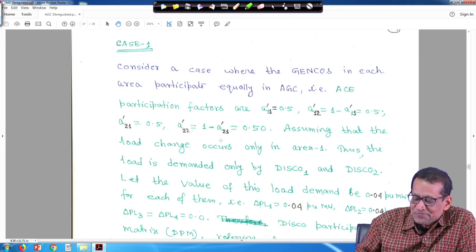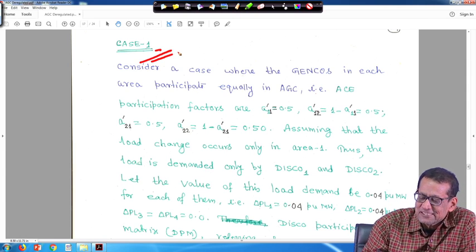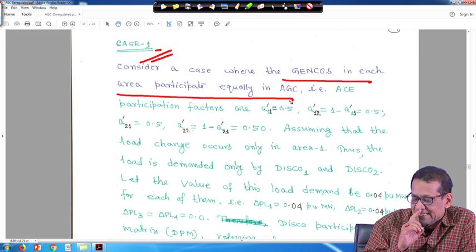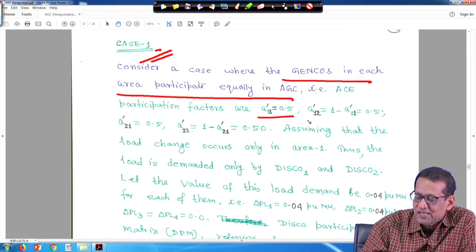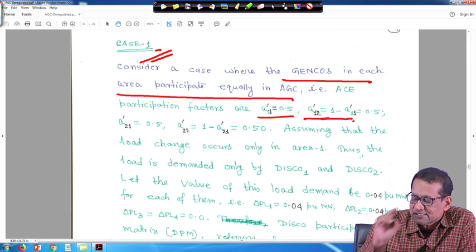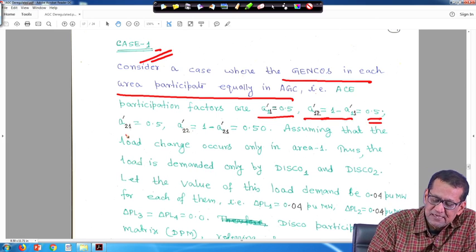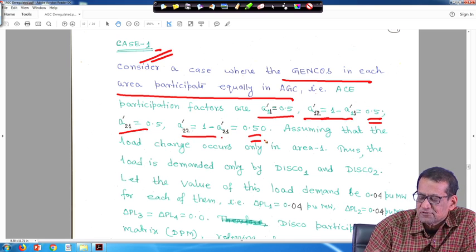So, consider a case, this is case 1, where the GENCOs in each area participate equally in AGC. That means the ACE participation factors, A dash 11 is 0.5, A dash 12 is 1 minus A dash 11, that is also 0.5. Similarly, A dash 21 is 0.5 and A dash 22 is 1 minus A dash 21, that is also 0.5.